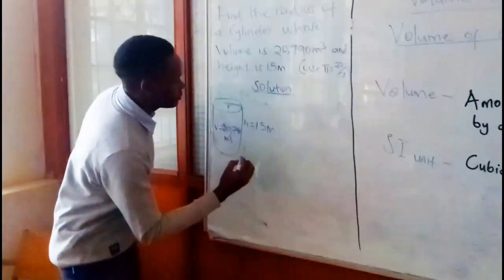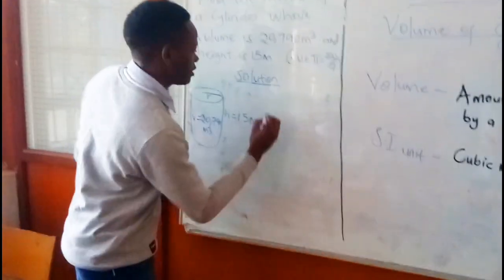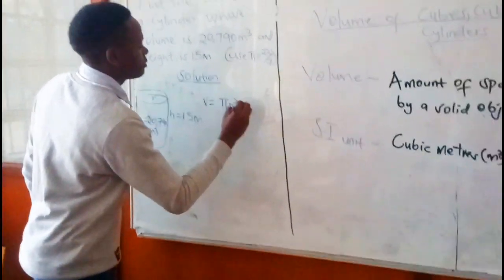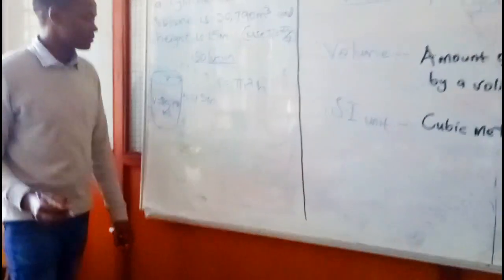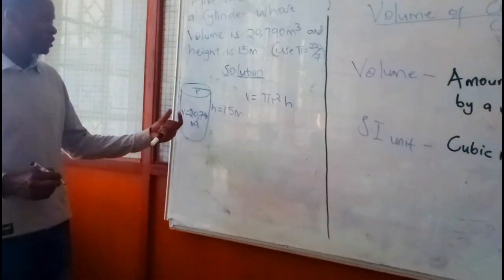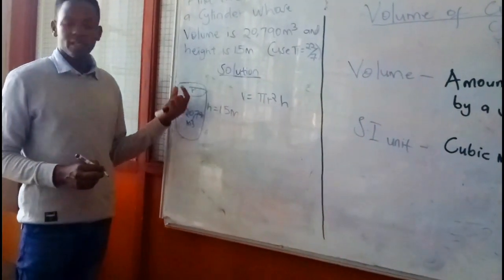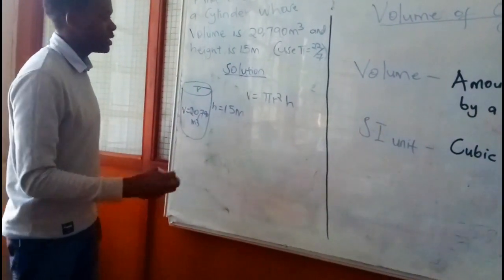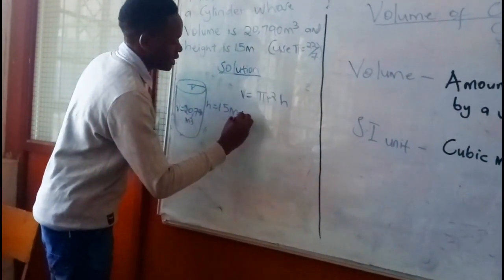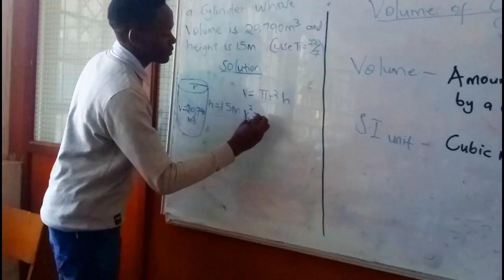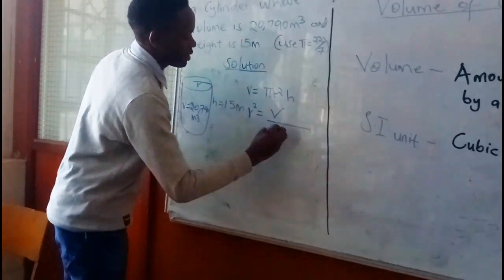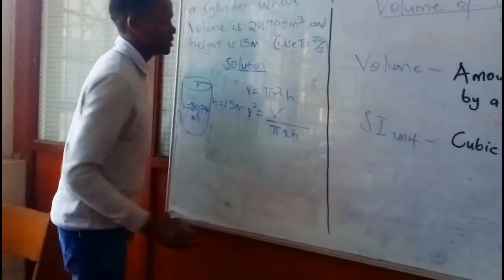Correct. Volume of a cylinder is given as pi r squared multiplied by height. In our case here, we've been given the volume, but we've not been given the radius. So we can make radius the subject, where we get r squared, which will be our volume divided by pi times height.